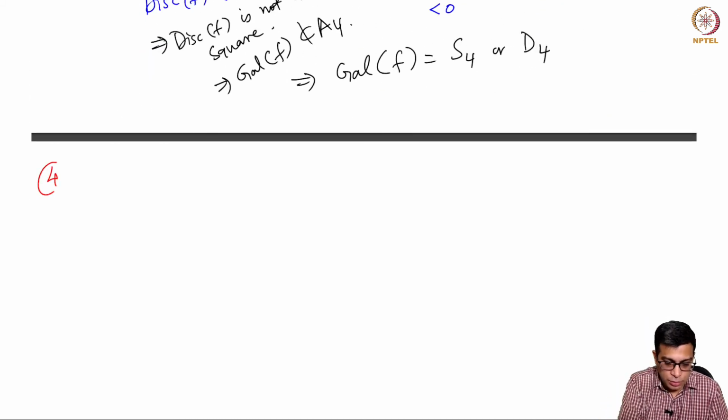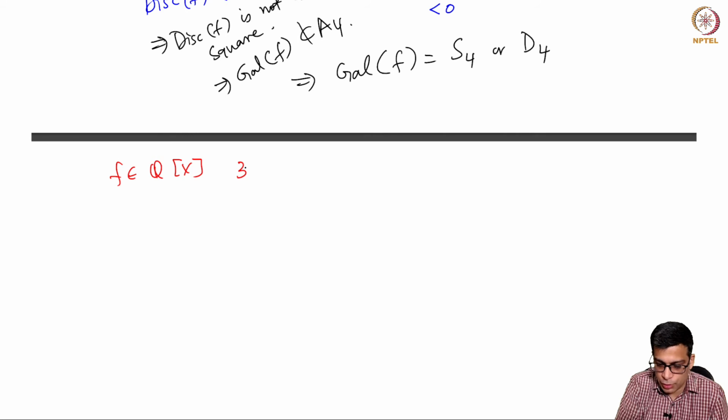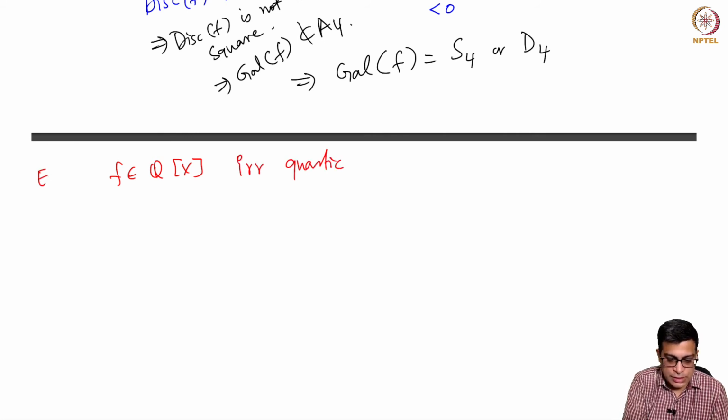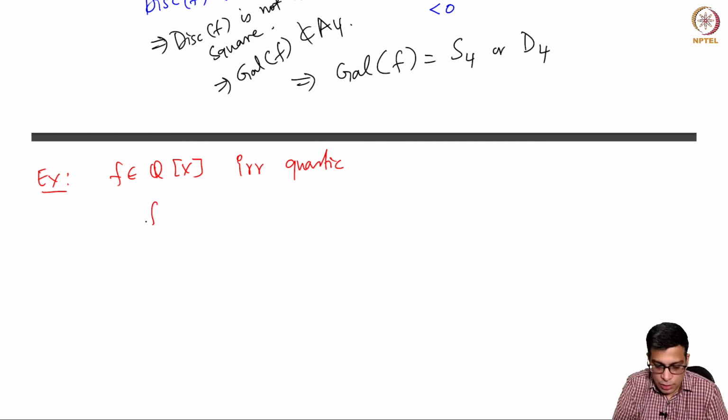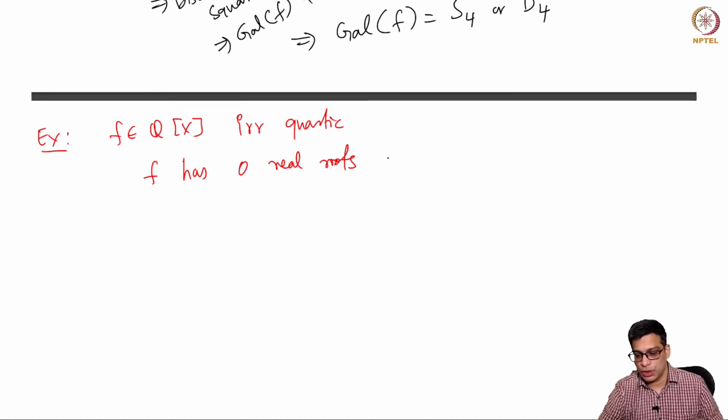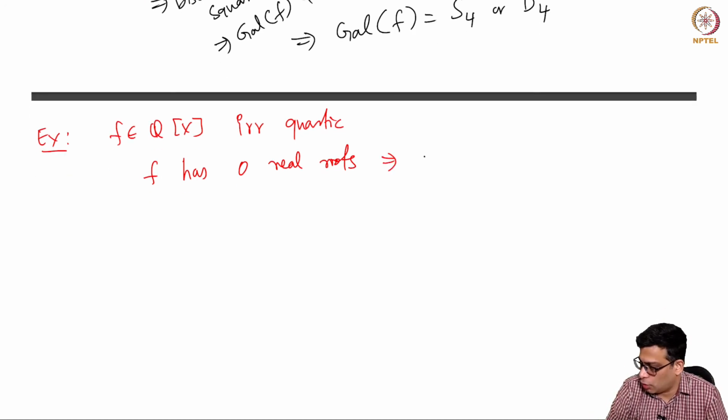similar calculation will tell you that if f is an irreducible quartic, exactly as before, so I don't want to call it a new name, then, as an exercise: if f has 0 real roots, so of course it has 4 roots, if all of them are non-real, then the discriminant of f is positive.